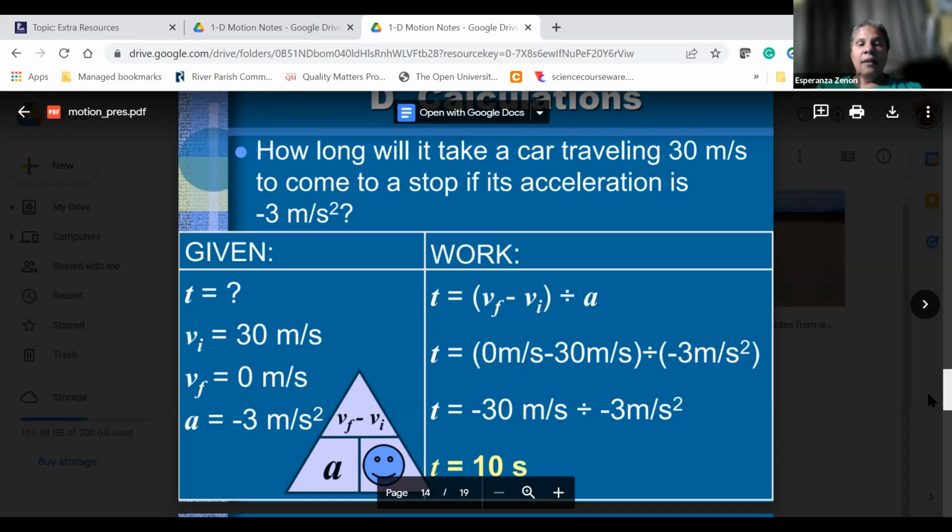So when we do 0 meters per second minus 30 meters per second, and you divide that by A, -3 meters per second squared, you get -30 meters per second divided by -3 meters per second squared. -30 divided by -3 is +10. That's an integer thing: negative divided by negative gives positive.